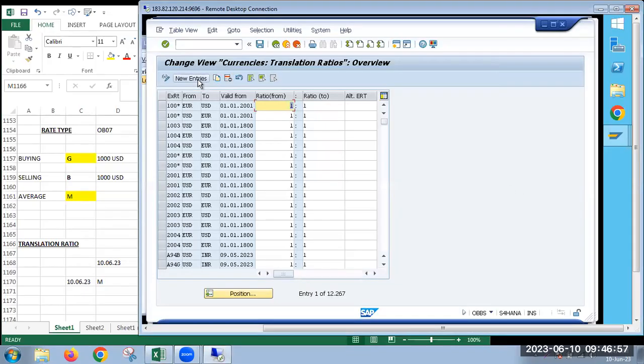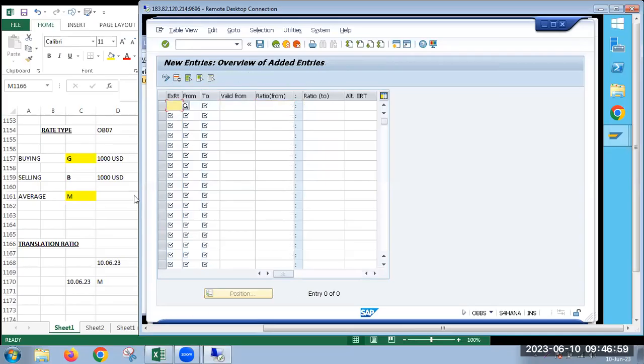Just go for inventories. Always it will be based on a rate type, M. Translation between two currencies from US dollar to INR, we can specify from a particular date. Let's say today's date, 10th of June 2023.